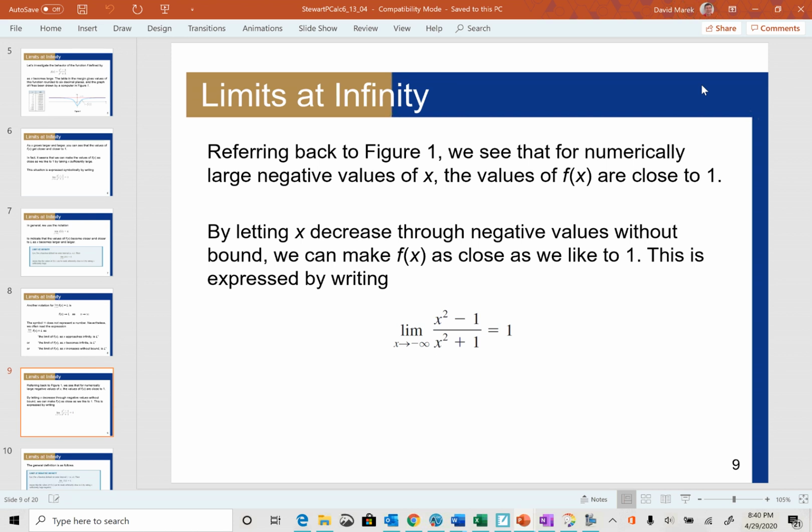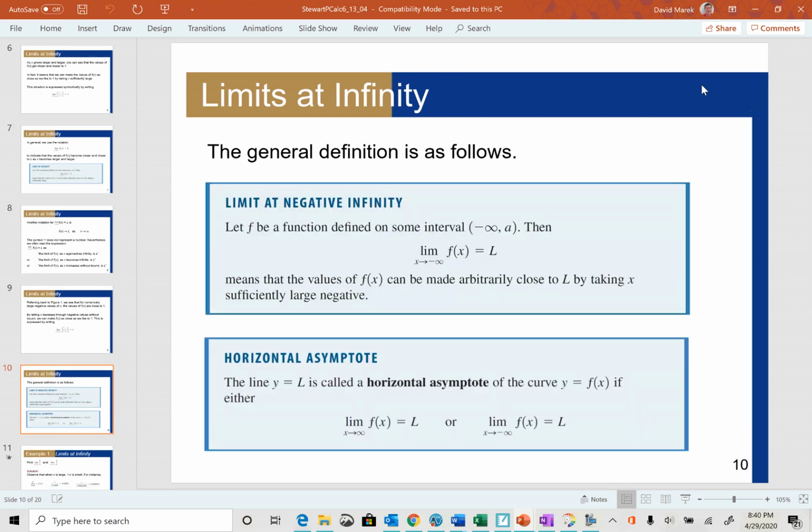Again, we could go to positive infinity to the right. We could go to negative infinity to the left. And the symbols get so small, you got to pay attention. All right, so here's our limit at negative infinity to go along with our limit at infinity that we had before.